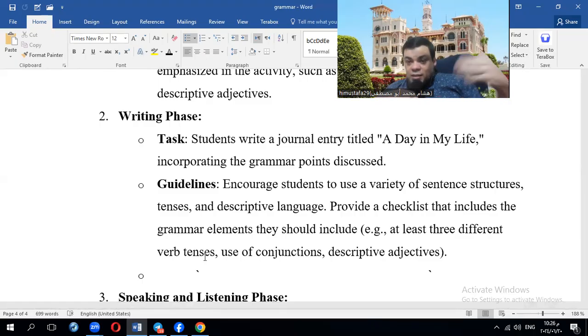We give them structures that they are going to use in this. I want you to use the present tense here, the past tense. We want you to use conjunctions, coordinating conjunctions. For example, I want you to use subordinating conjunctions like 1, 2, 3, and so on.